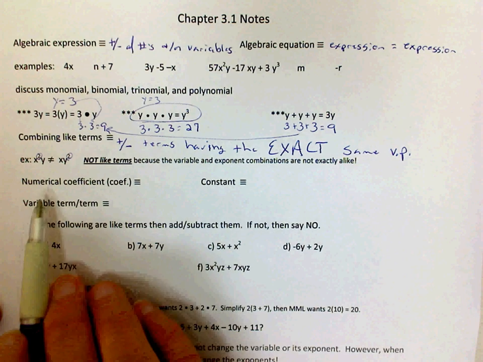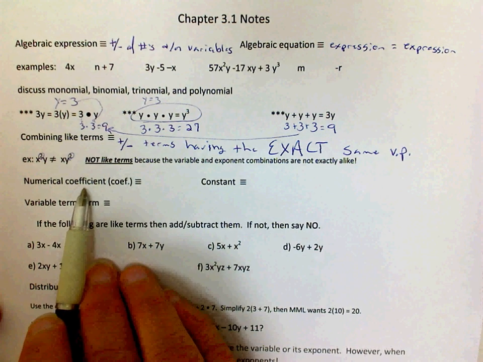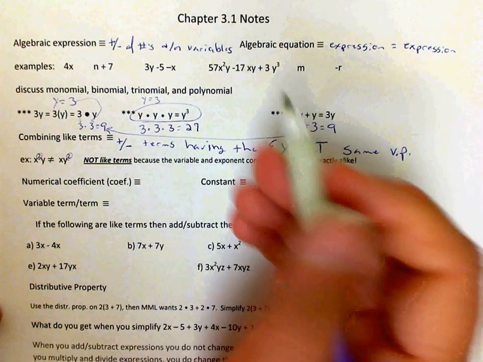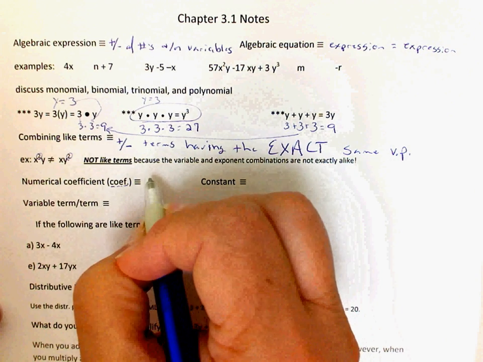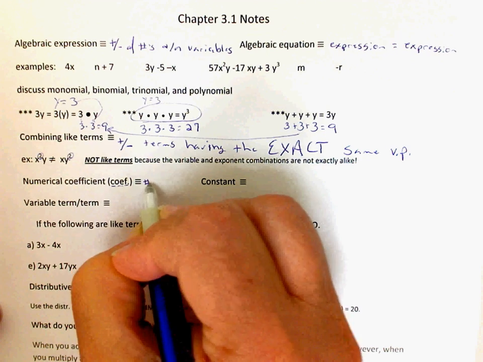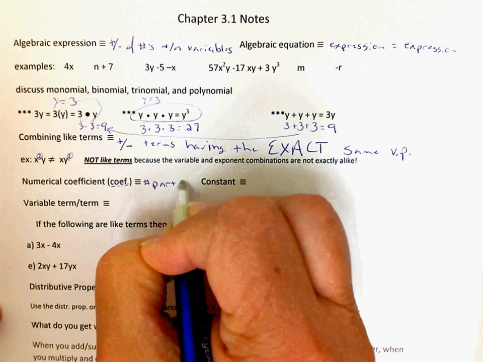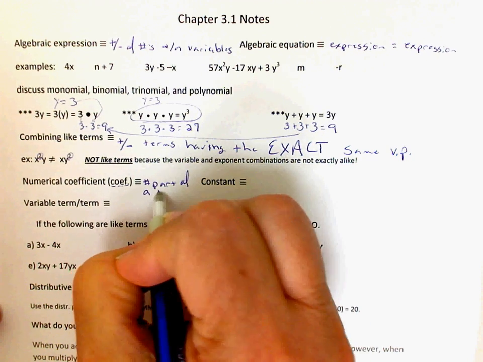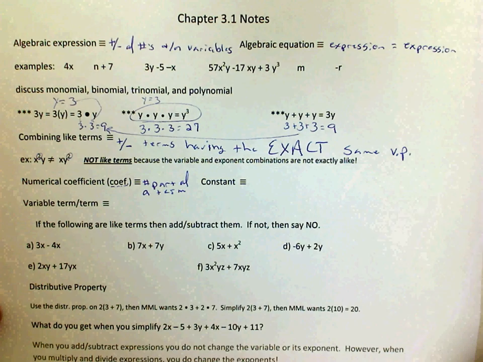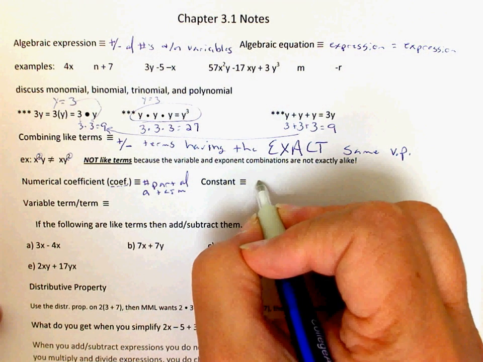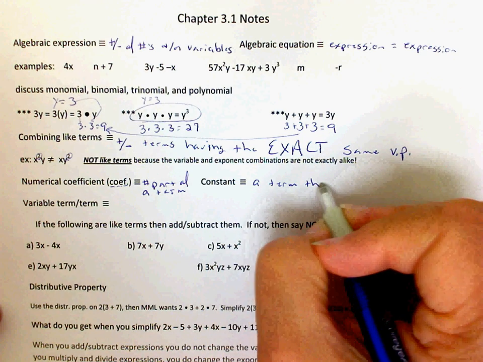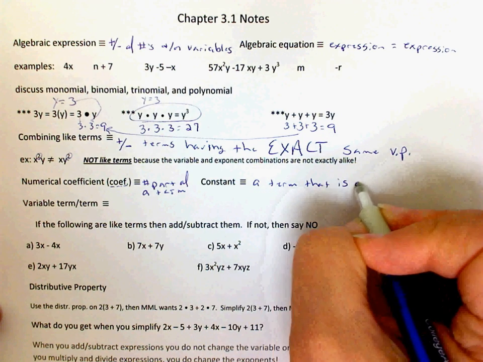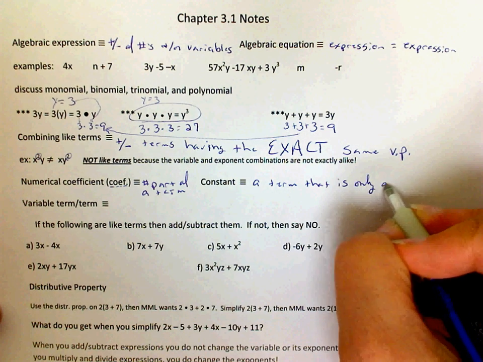Now, numerical coefficient, or just coefficient, which I shortcut to COEF, is the number part of a term. A constant is a term that is only a number.